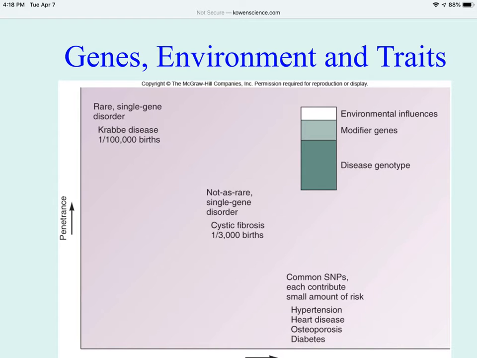Some common SNPs contribute small amounts of risk for a condition, and that could include hypertension, heart disease, osteoporosis, and diabetes, meaning environmental conditions could influence this. You have more than one gene that can affect this, and then depending on what SNPs you inherit can determine how severe of the condition you could exhibit.